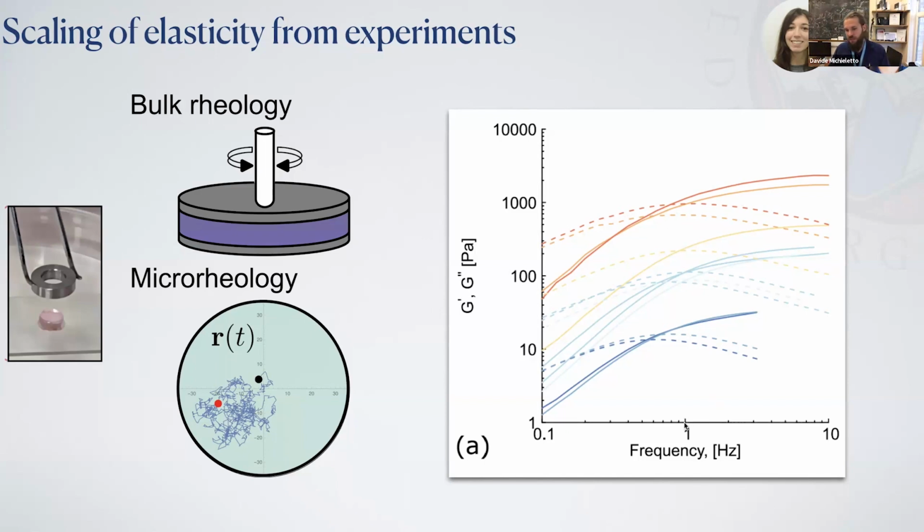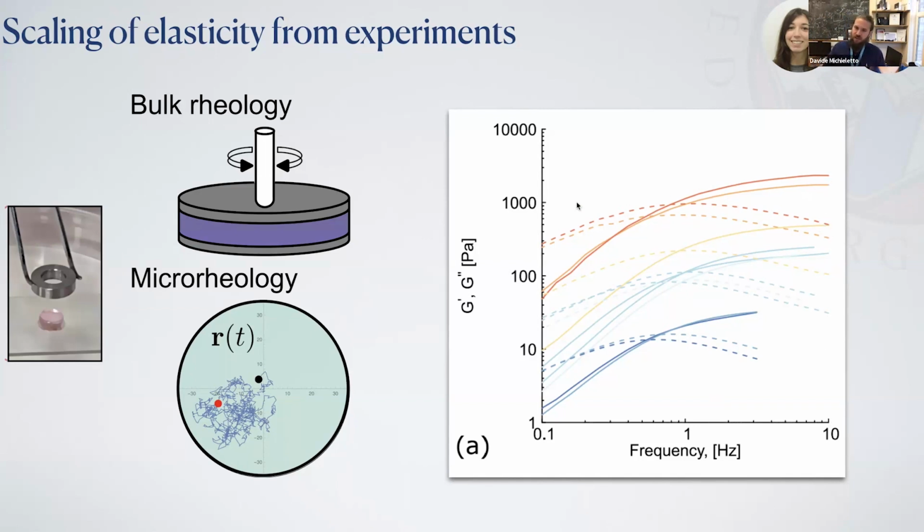If I spin my plate at higher frequency, so at 10 Hertz, 10 times per second, then what I see is that this solid curve, which represents G prime, is higher than G double prime. This means that the hydrogel responds more elastically and it's less viscous, so it's dominated by elasticity.